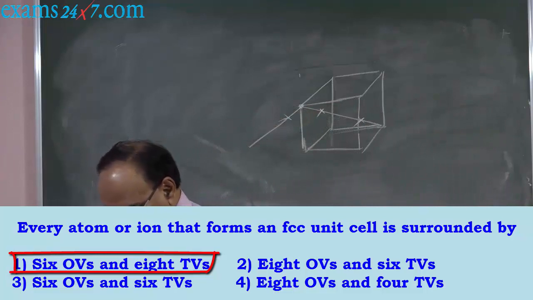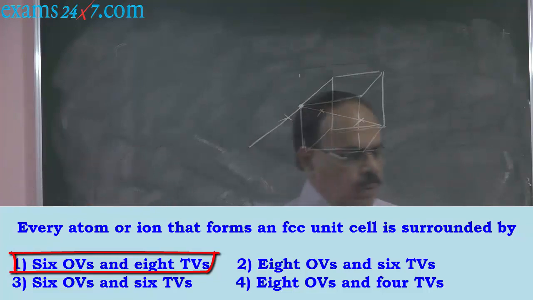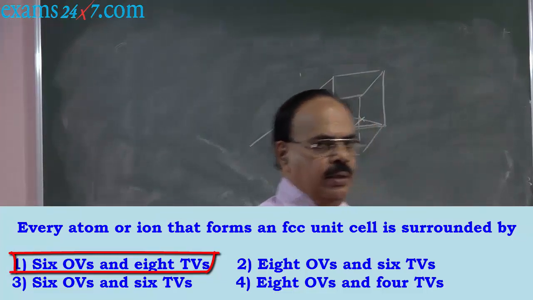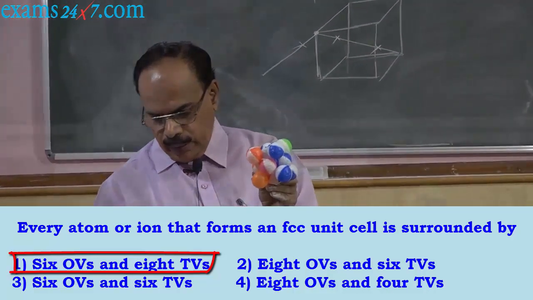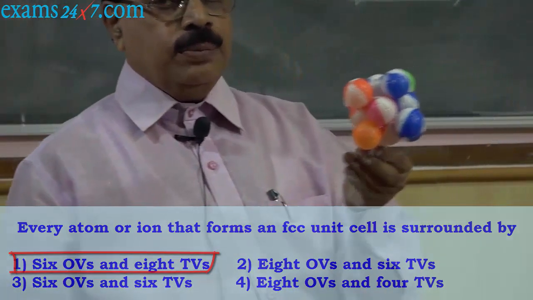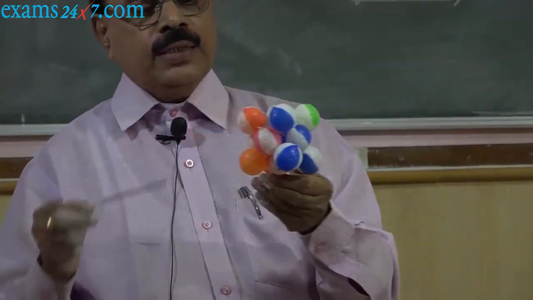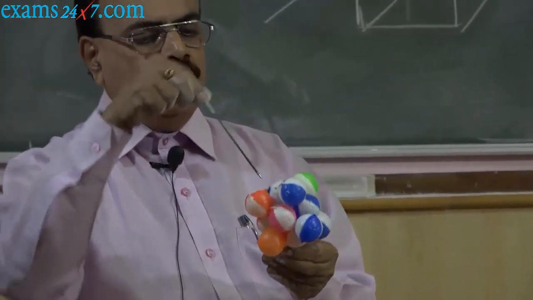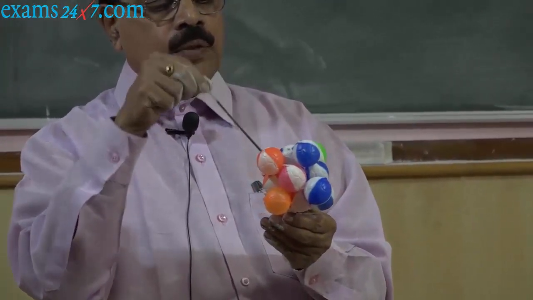In case you want to see the octahedron void in the model that I have shown already to you, now this is the octahedron void. So in this model it is clear. These edge centers are the octahedron voids.